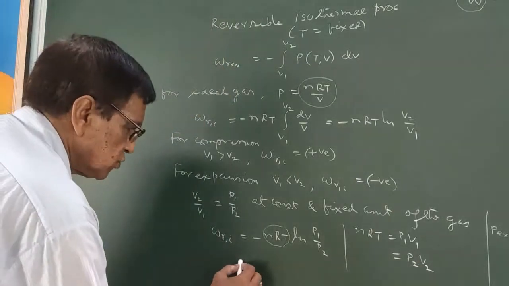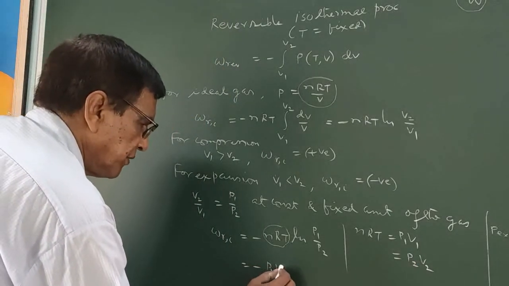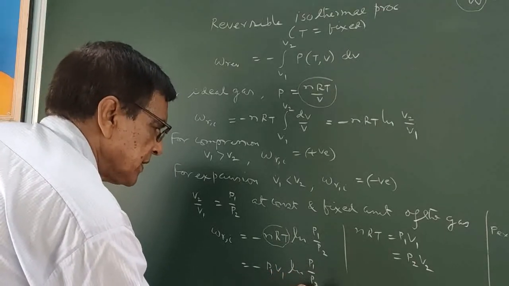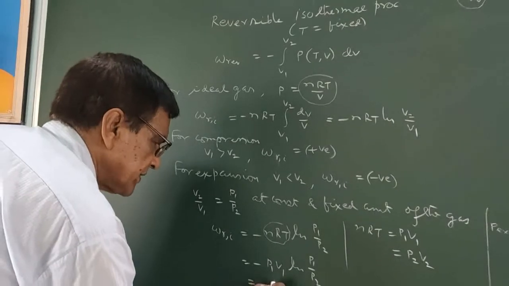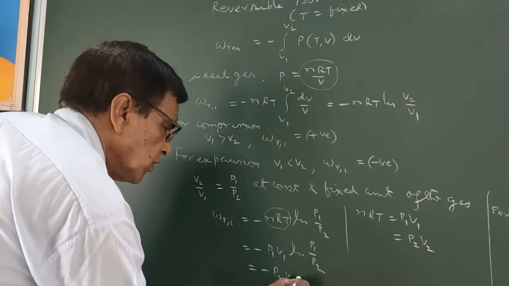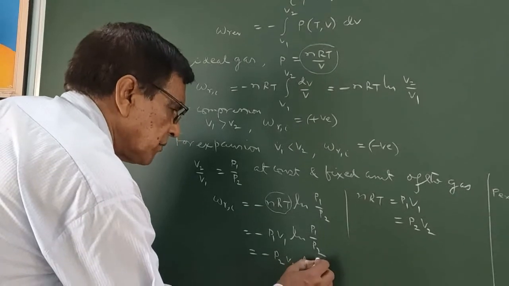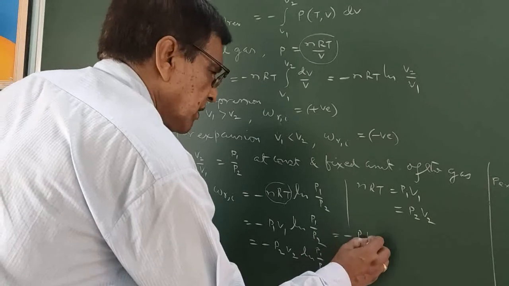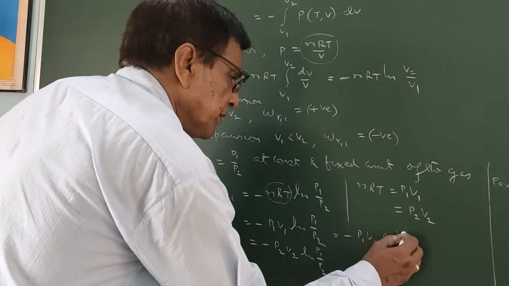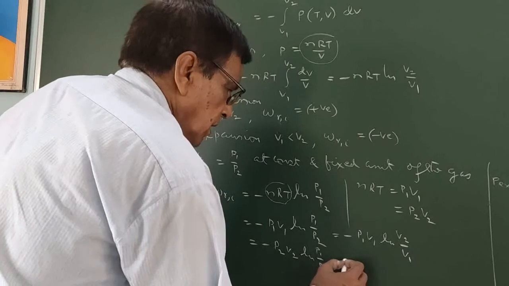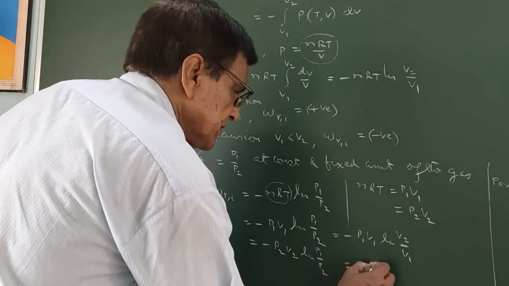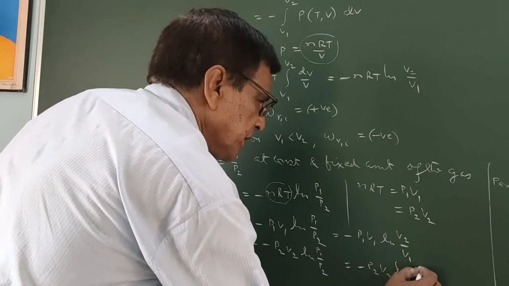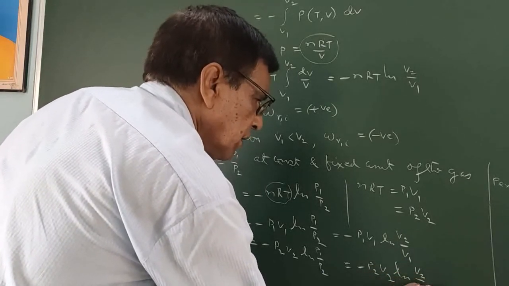In that case, this will be minus P1 V1 ln P1 by P2, or minus P2 V2 ln P1 by P2, or minus P1 V1 ln V2 by V1, or minus P2 V2 ln V2 by V1.